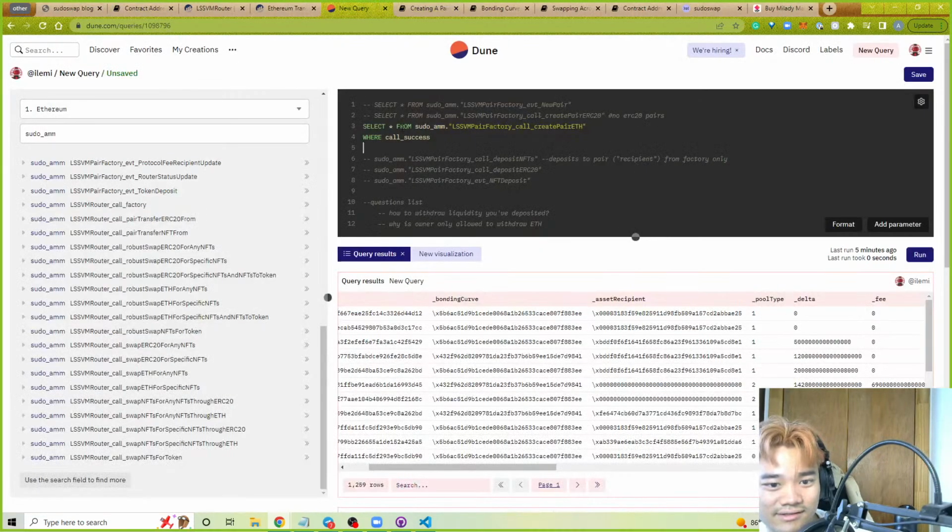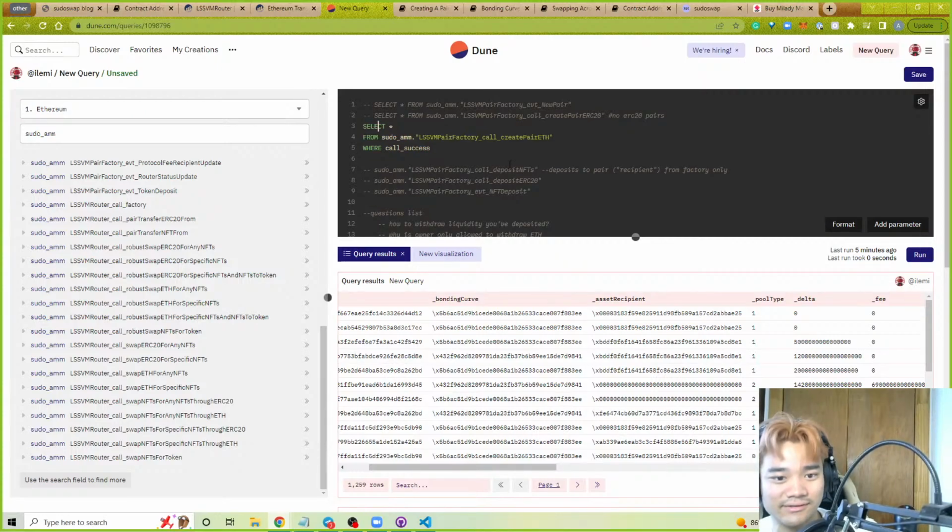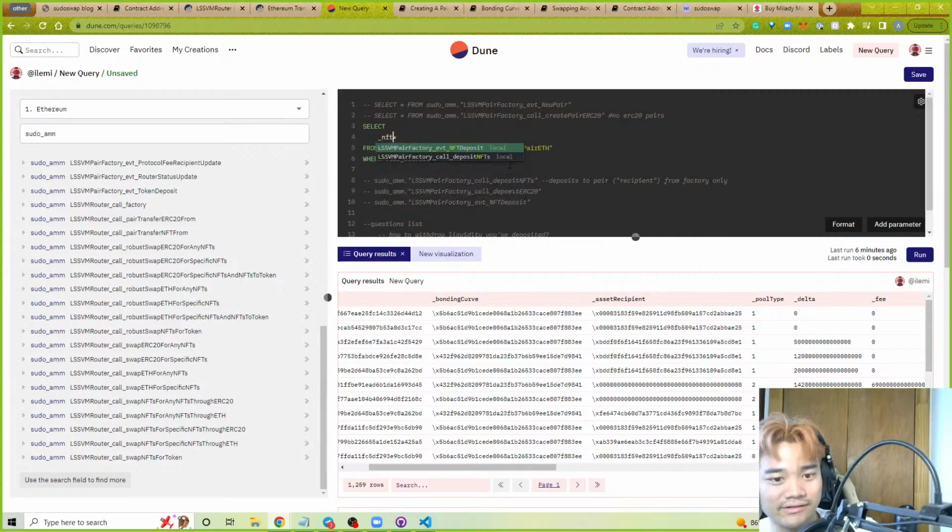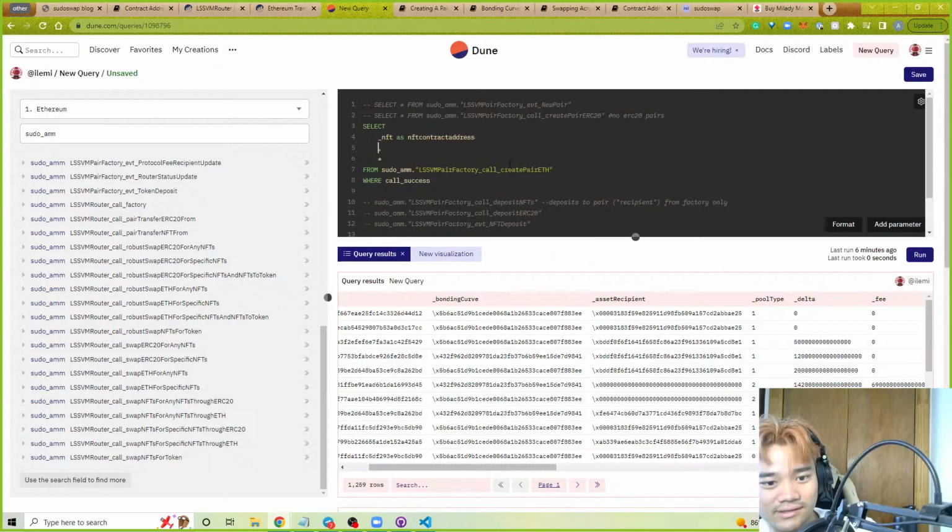So let's just start working through this. So NFT as NFT contract address. Case when bonding curve equals 5, 6.